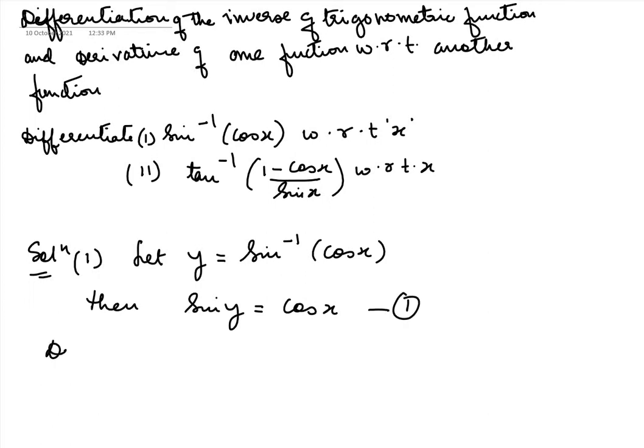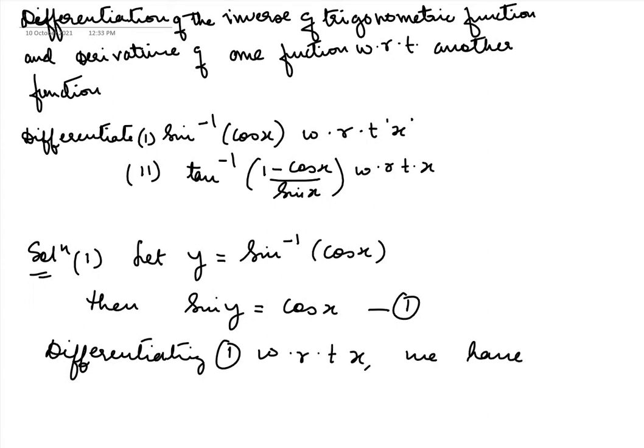So differentiating 1 with respect to x, we have, now what is differentiation of sin y? It will be cos y. Now since it is with respect to x, it will be cos y into the differentiation of y with respect to x. So you will get here on the left hand side, cos y into dy dx.